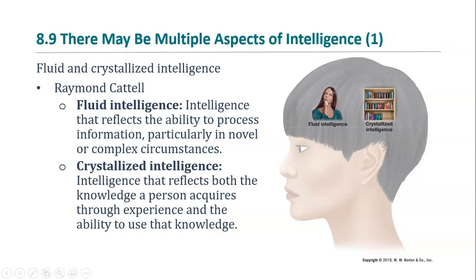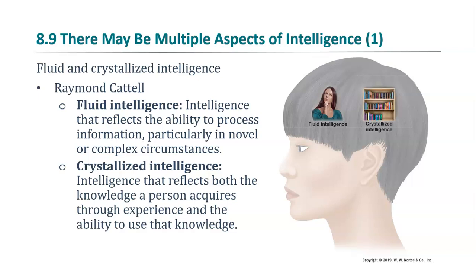Another kind of differentiation was first proposed by the psychologist Raymond Cattell, who distinguished between fluid and crystallized intelligences. Fluid intelligence is the ability to learn new things, to process information rapidly.